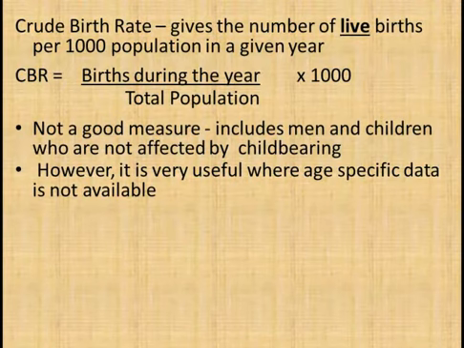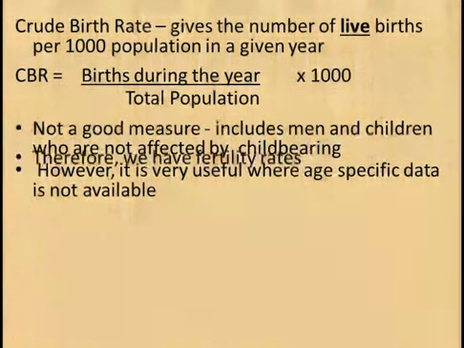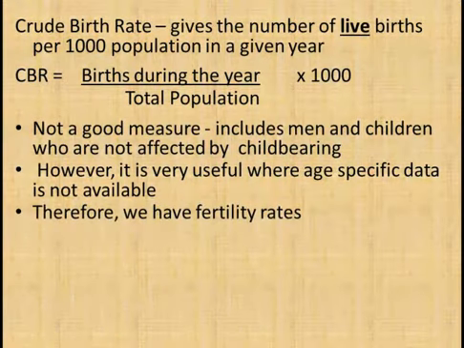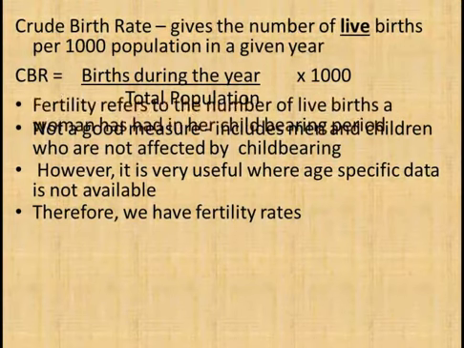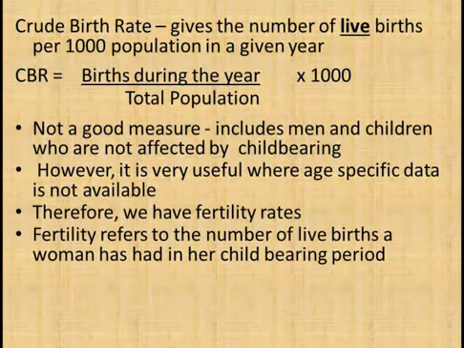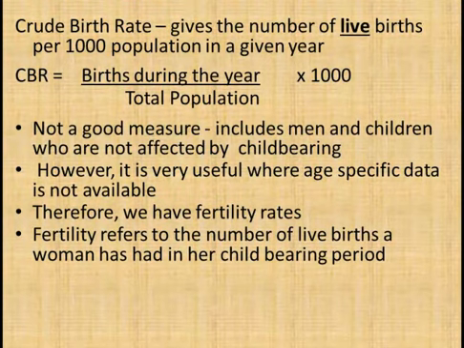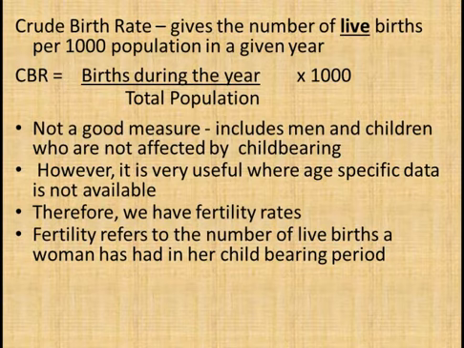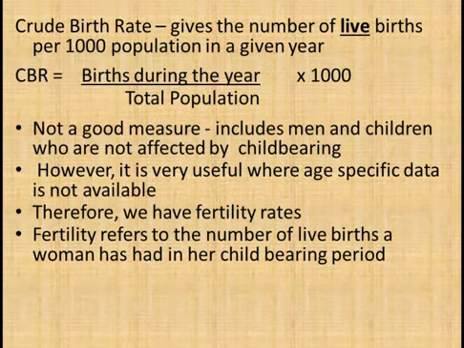And to overcome the weakness of the crude birth rate, we have the fertility rates. By fertility, we refer to the number of live births a woman has had in her childbearing period. The conventional childbearing age is between 15 and 49 years old.